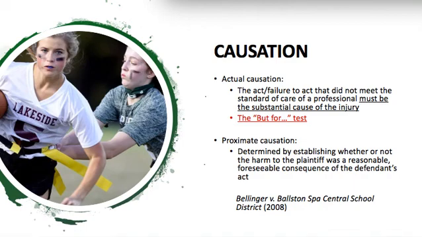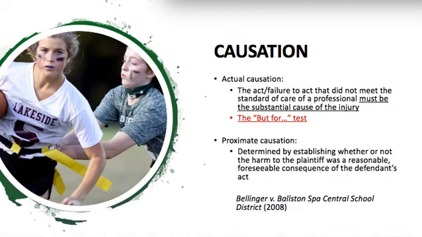So as you can see, proximate causation is determined by the plaintiff establishing whether or not the harm to the plaintiff was a reasonable, foreseeable consequence of the defendant's act or actions. Okay? So for proximate causation, this concept of foreseeability is in question, right? So if the plaintiff can prove that the defendants would have been able to foresee the consequences of their actions prior to taking the actions, then they can prove causation exists.